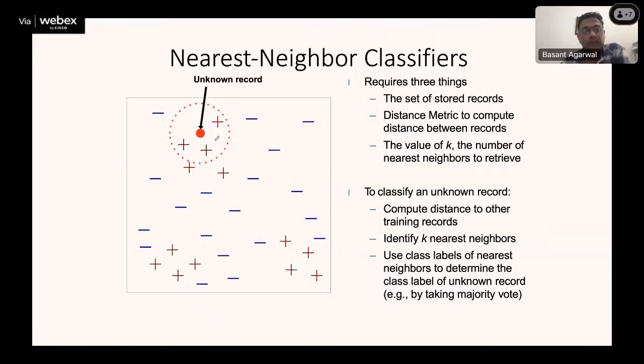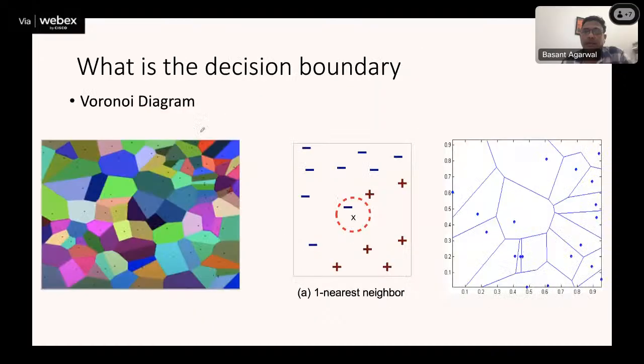Based on these three, we can see that all three are plus. So based on the majority out of three, how many samples are in the plus category, we can classify, or we can label, the new sample as plus. Okay, so that is an example which we can use to classify.